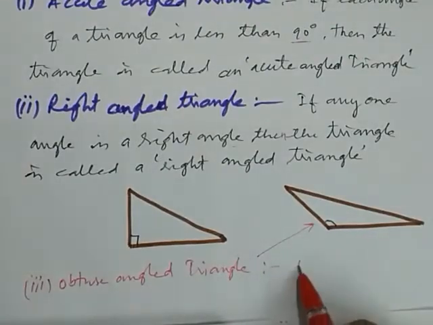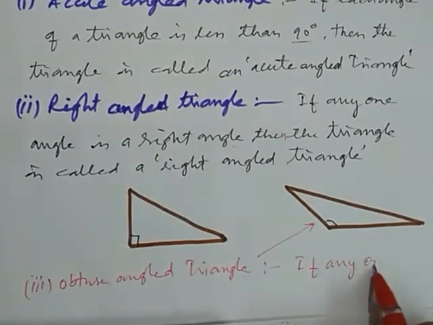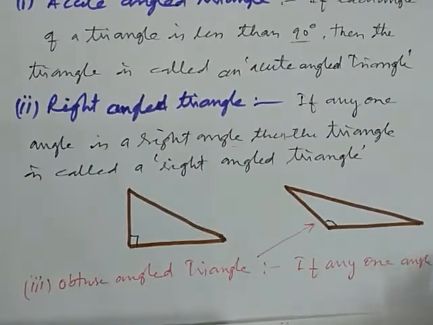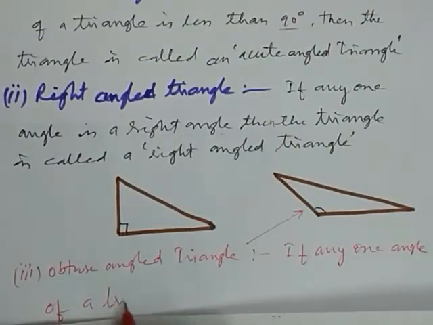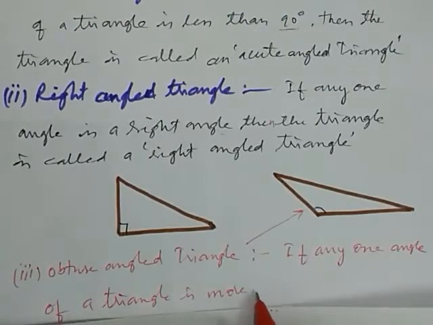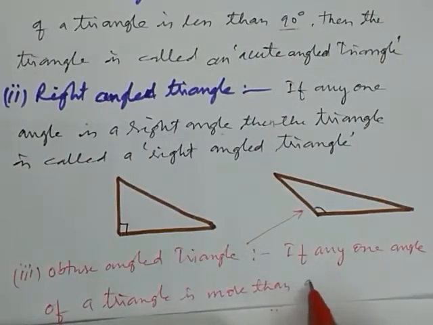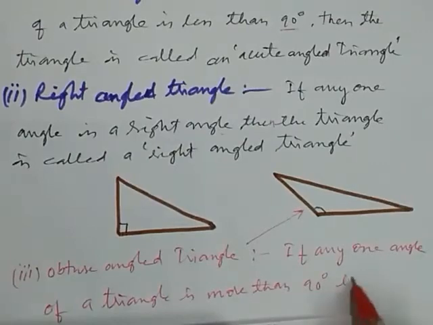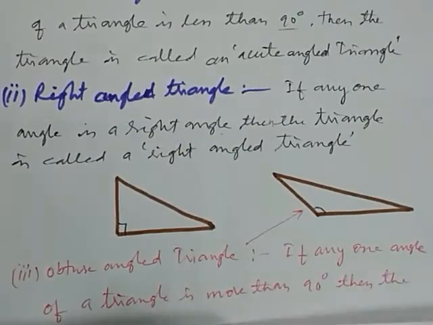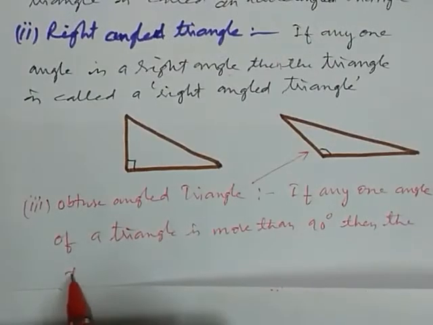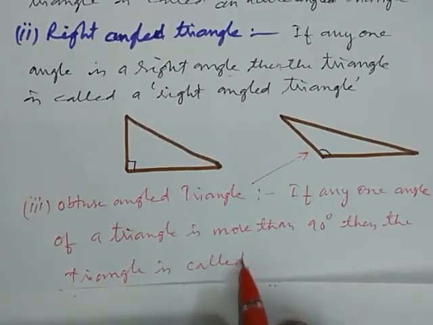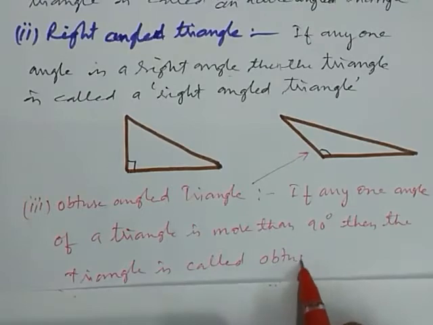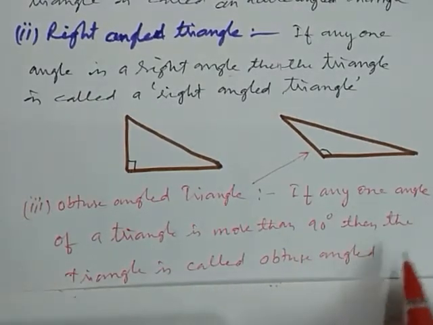If any one angle of a triangle is more than 90 degrees, then the triangle is called an obtuse angled triangle.